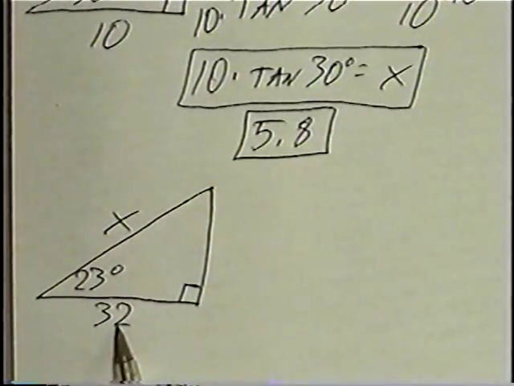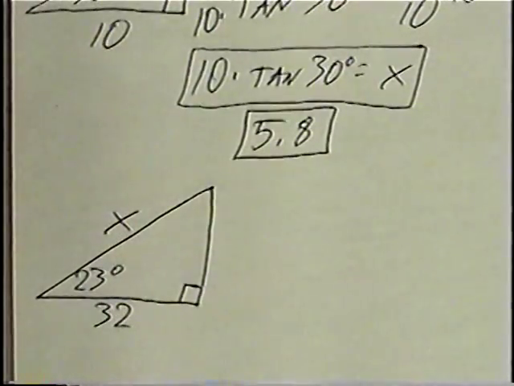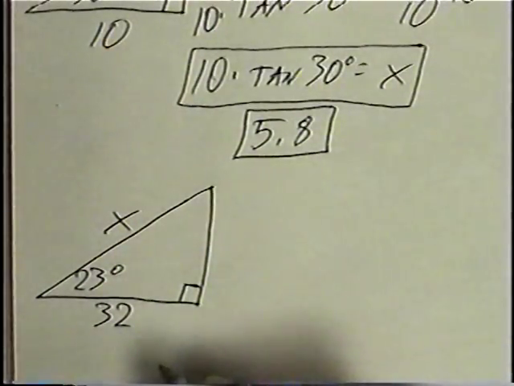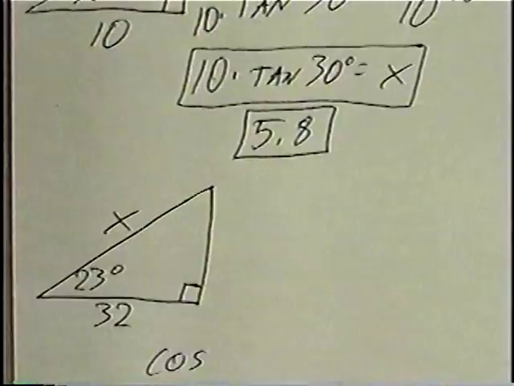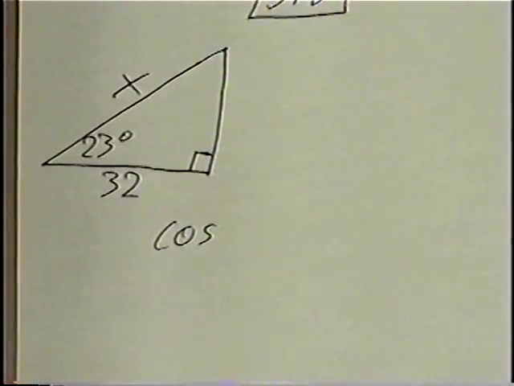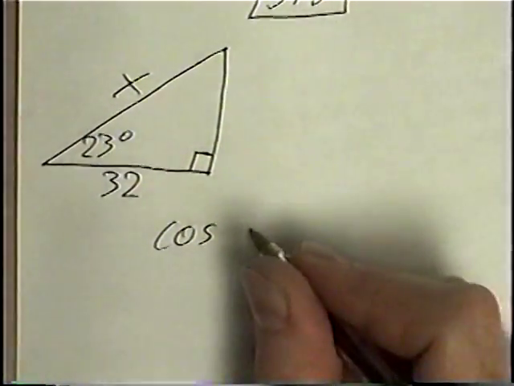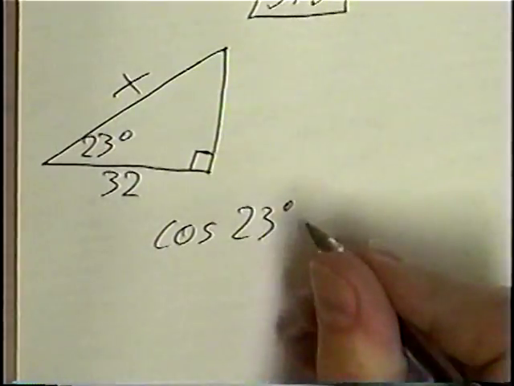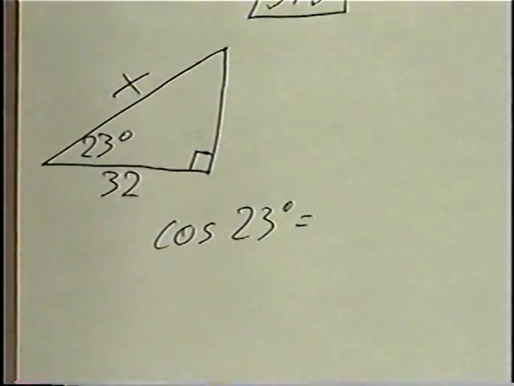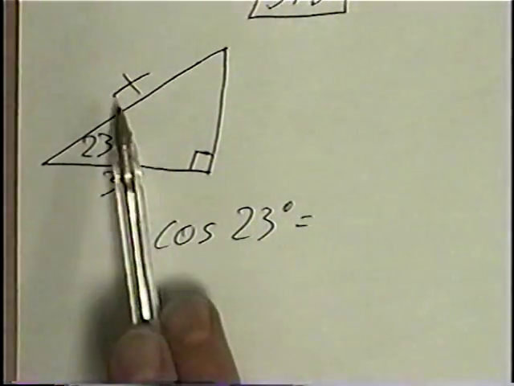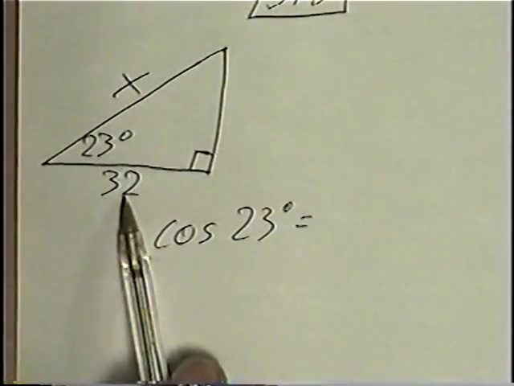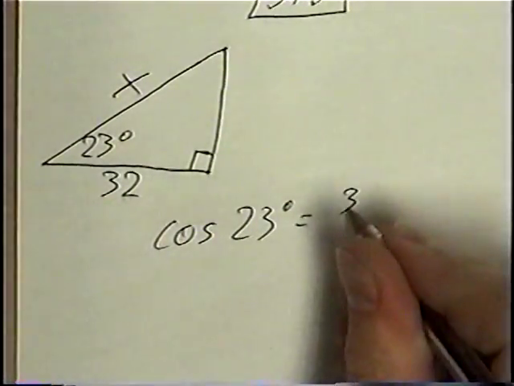So having the adjacent side and the hypotenuse, the trig function for that would be cosine. Cosine of 23 degrees is equal to, cosine is the adjacent over hypotenuse, or in this case 32 over x.